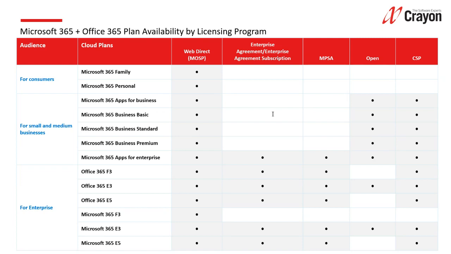CSP is all about the cloud. First of all, it's a very flexible model. It offers monthly payment as well as yearly commitment, and you can buy all the cloud plan packages you want, except M365 with 3.